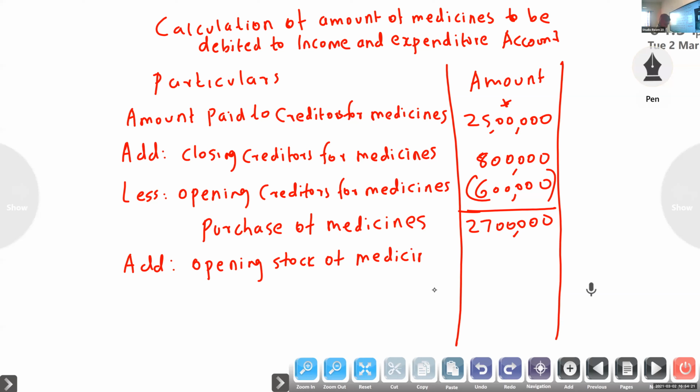Closing stock of medicine, it is given 15 lakh, in bracket. Medicines consumed during the year.